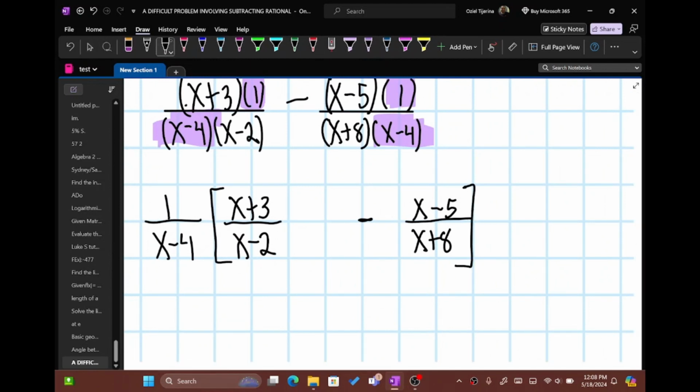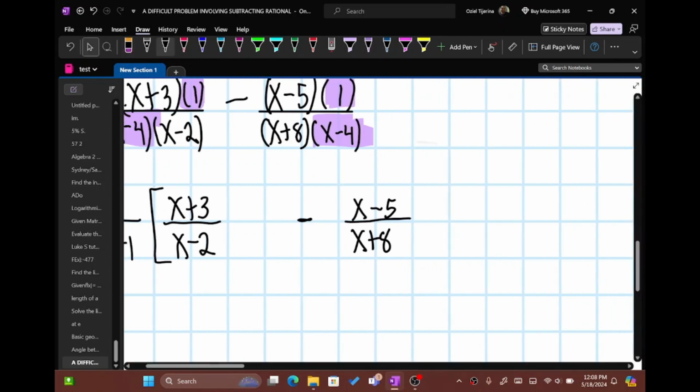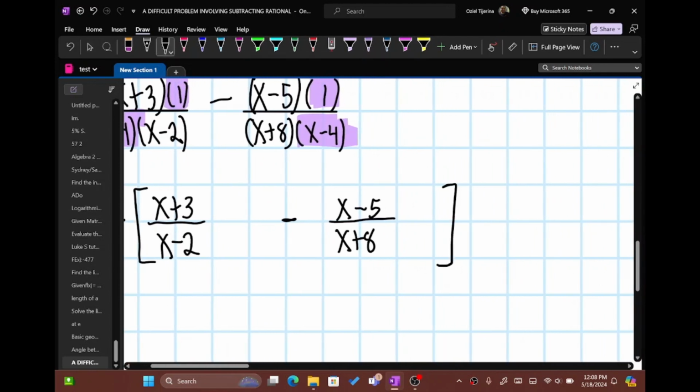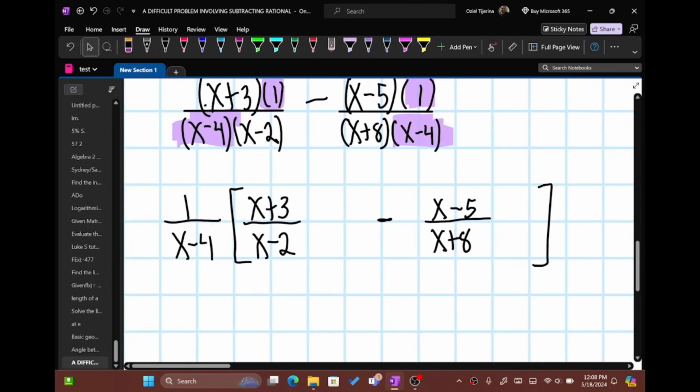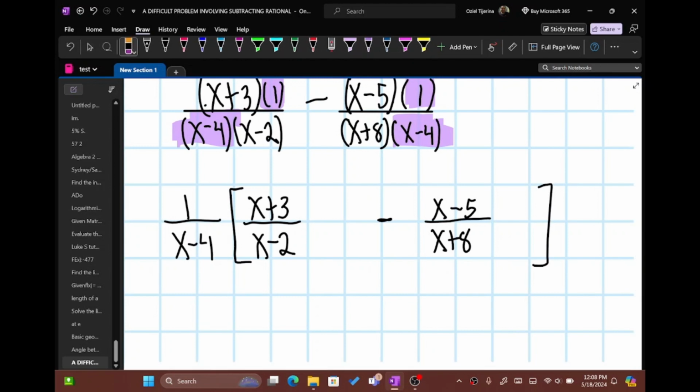Now, here's the thing. Because we don't really know numerically what number, or what expression, can be the common denominator, what I can do here, and actually let me put this bracket here, is this. You can either do the butterfly method. If you do not know the butterfly method, guys, you can always just multiply these two bottom expressions.